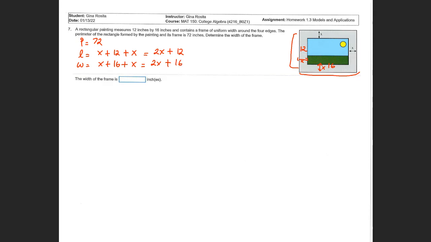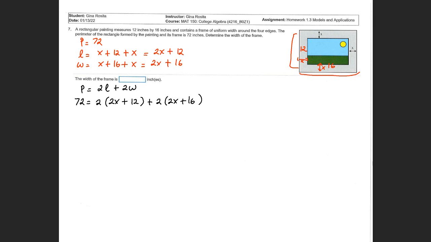Now remember the formula of the perimeter: P equals 2L plus 2W. P is 72, equals 2 times (2x plus 12) plus 2 times (2x plus 16).